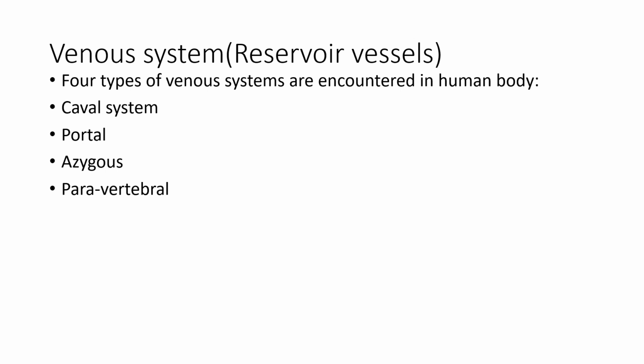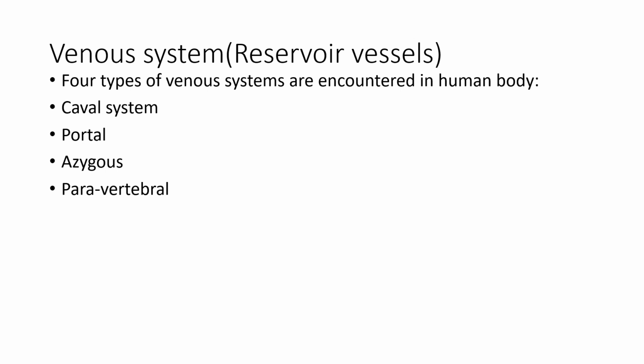The veins are known as reservoir vessels, and there are four types of venous systems encountered in human body. There is caval system, portal system, azygous system, and paravertebral system. So the caval system drains blood into the right atrium from upper and lower part of the body through superior and inferior vena cava.